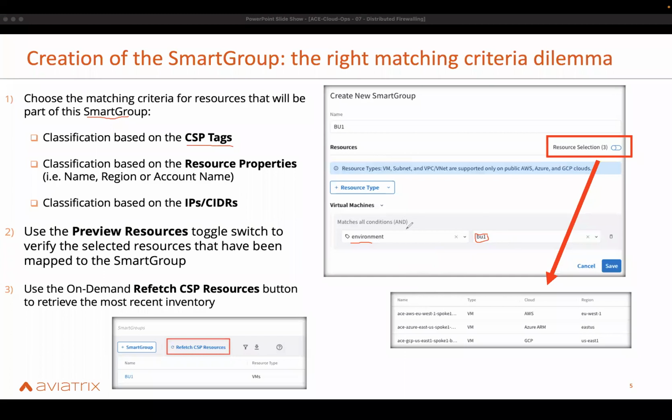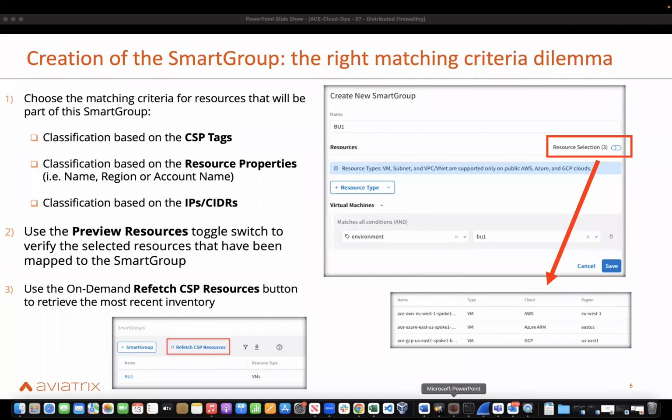You can have multiple conditions and do and or logic between them. And you can always do a manual fetching of the CSP resources, or there is a timer that also governs this if you're not doing it manually. So as a result of this environment B1, notice that we captured 3 instances.